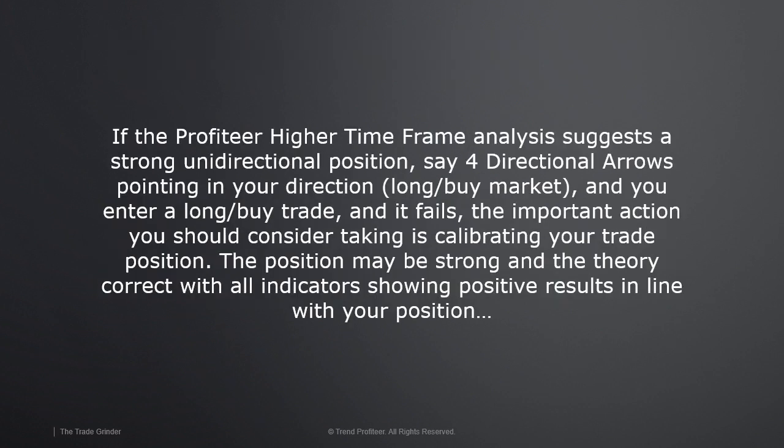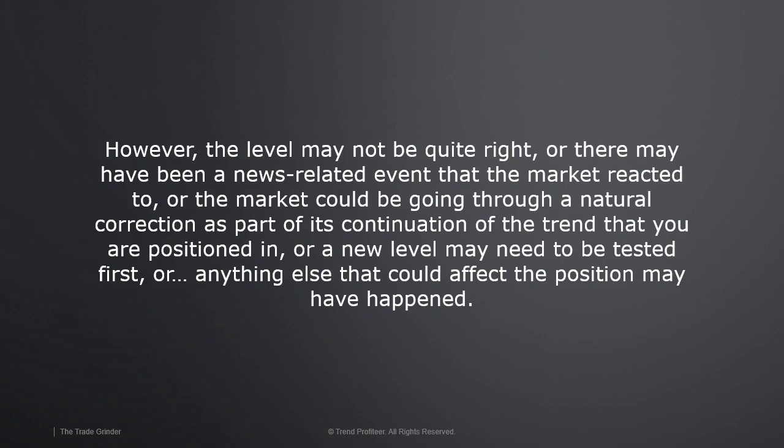If the Profiteer higher time frame analysis suggests a strong unidirectional position, say four directional arrows pointing in your direction, say long buy market, and you enter a long buy trade and it fails, the important action you should consider taking is calibrating your trade position. The position may be strong and the theory correct with all indicators showing positive results in line with your position.